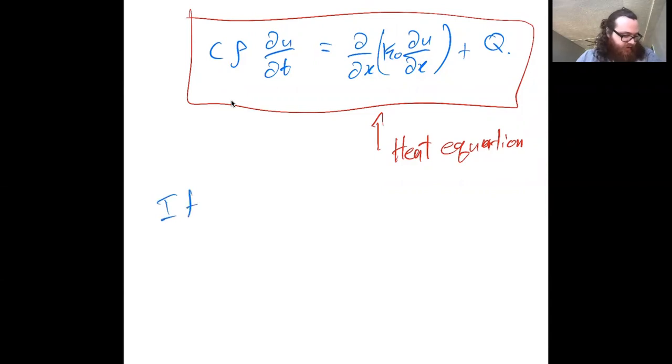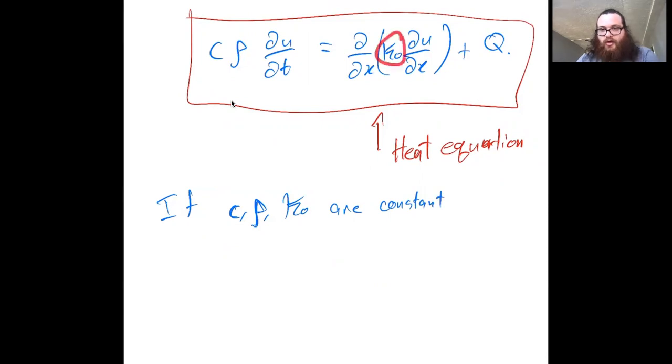If the specific heat, the mass density, and this function K0, which told us the flow rate depending on the material, are constant, say the rod is made of a uniform material, then K0 can be pulled out.